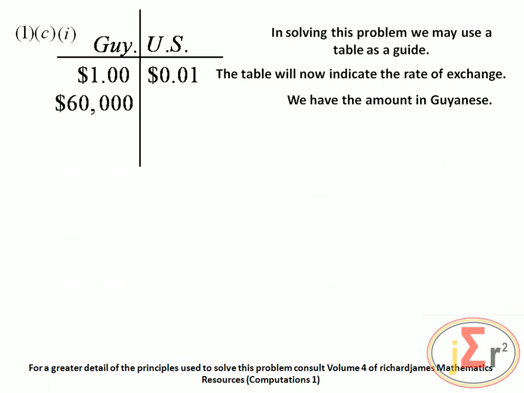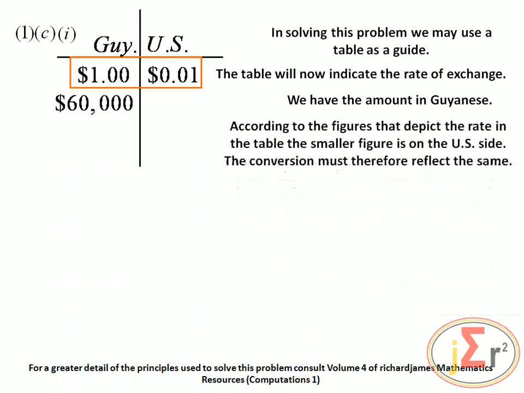We have the amount in Guyanese, which is 60,000 Guyanese dollars, and we need to convert that to US dollars. According to the figures that depict the rate in the table, the smaller figure is on the US side. Therefore, the conversion must reflect the same.